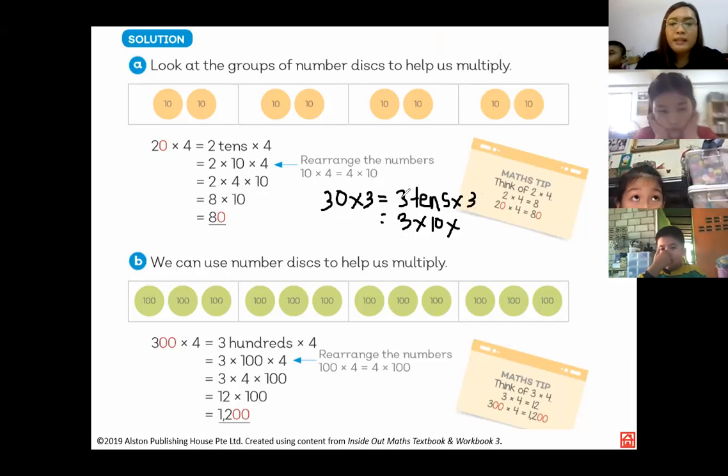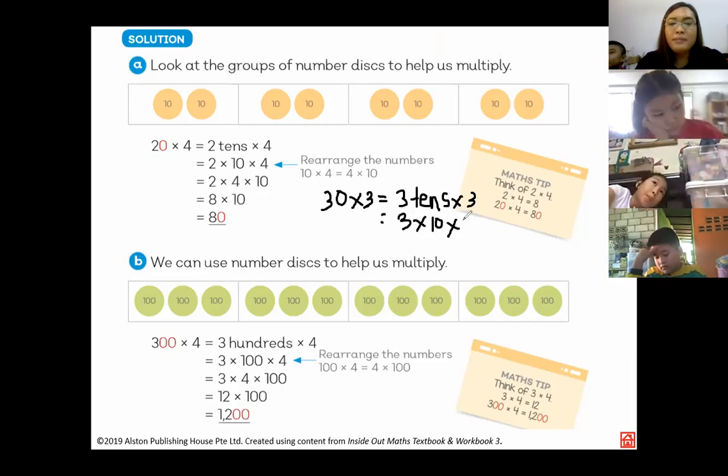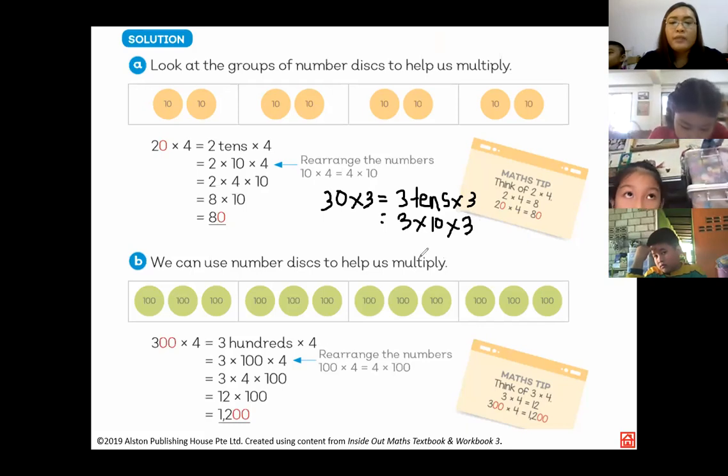We write 3 times 10 times 3. Now let's rearrange the numbers.